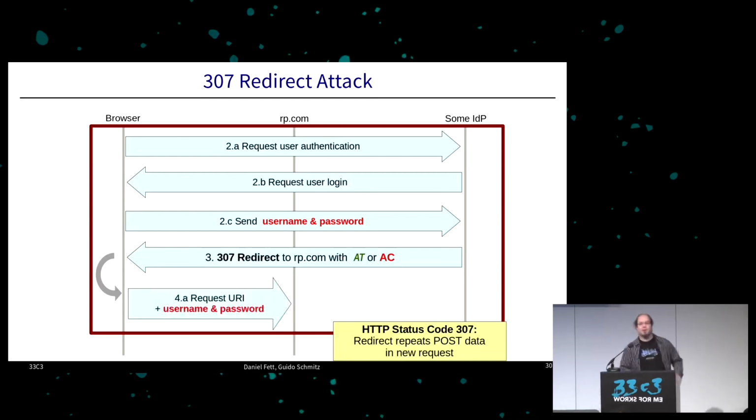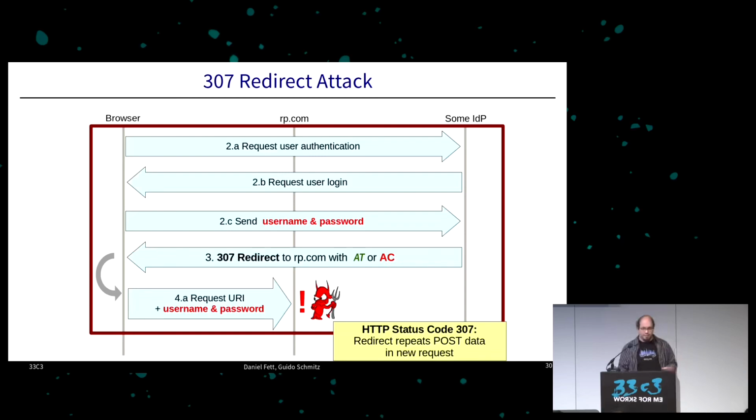The browser is instructed to just repost all your credentials. So if you're logging in at some malicious relying party, that relying party gets your username and password. So this happens if you use 307 redirect.